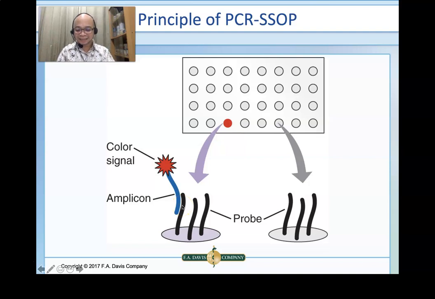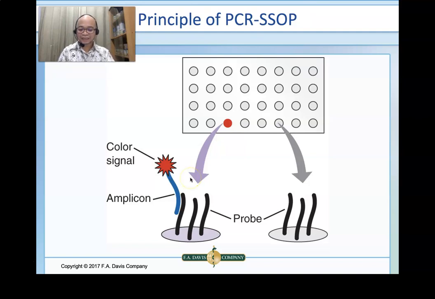A secondary reaction with enzyme conjugate, avidin or anti-digoxigenin, will produce a color light. Kasi itong amplicon natin, meron na tayong biotin or digoxigenin, so mag-a-add lang tayo ng anti-digoxigenin, then there will be a light when exposed to substrate.